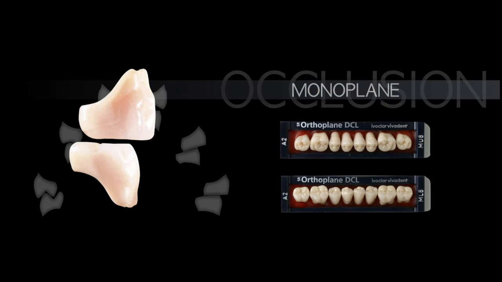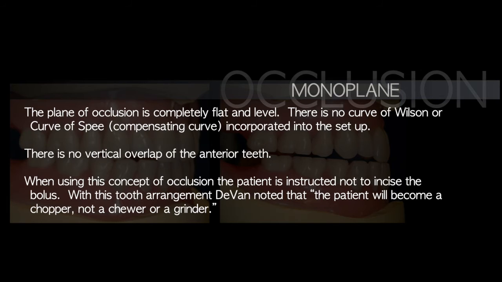The next occlusal scheme is the monoplane setup, and when you look at the cusps, the maxillary and mandibular teeth are all flat. The plane of occlusion is completely flat and level.